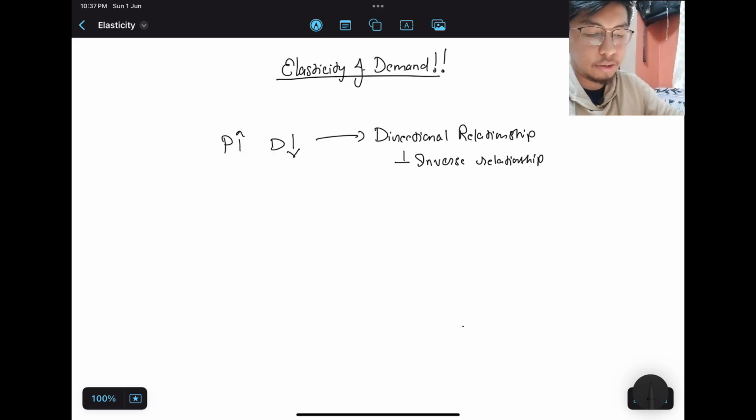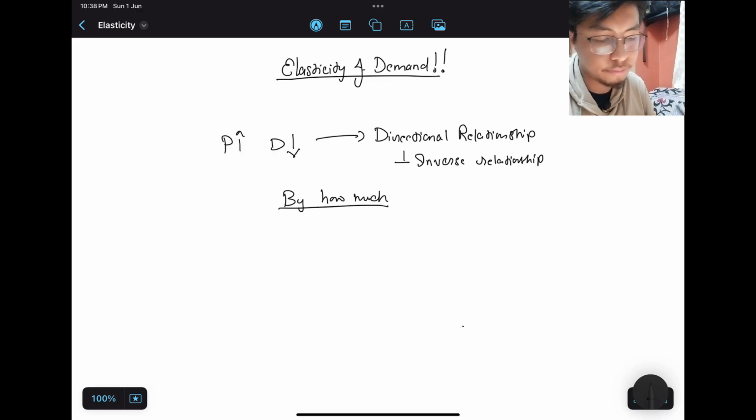But then you might think, by how much does demand fall when prices increase? That's a logical question to ask, and that is being addressed by elasticity of demand. That is the concept of elasticity of demand. It answers that very crucial question of by how much.